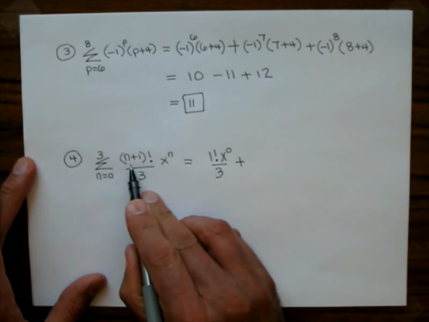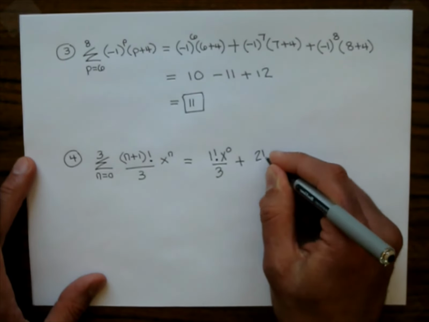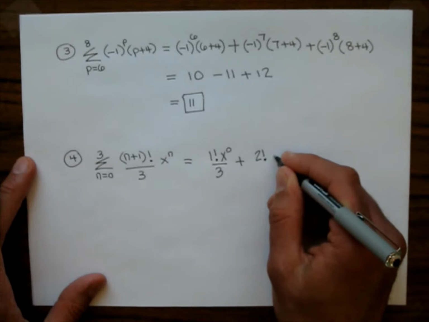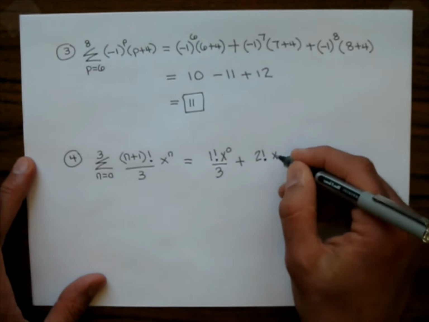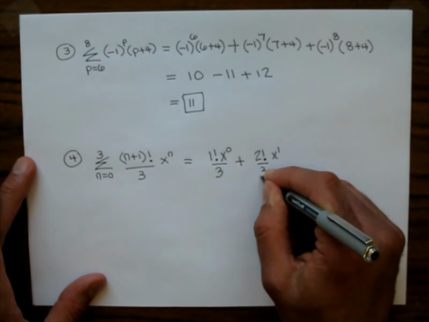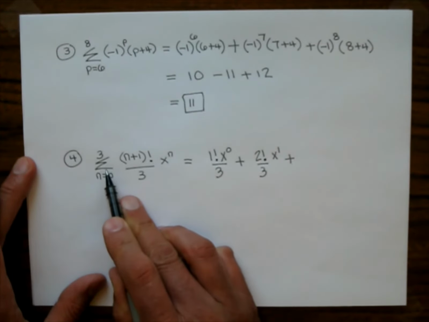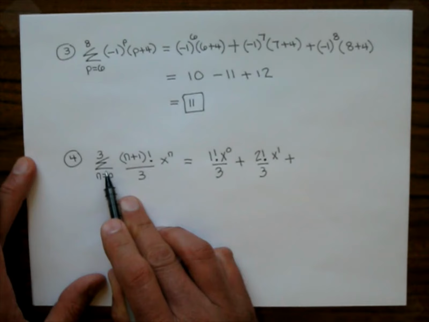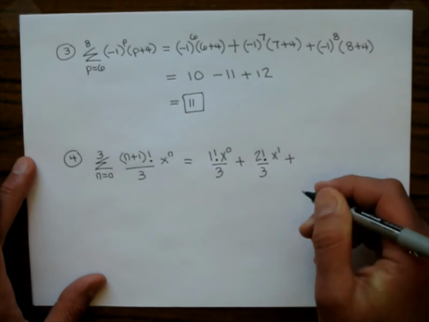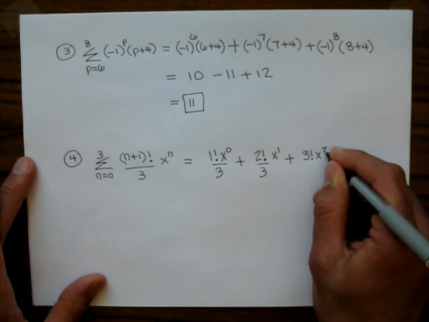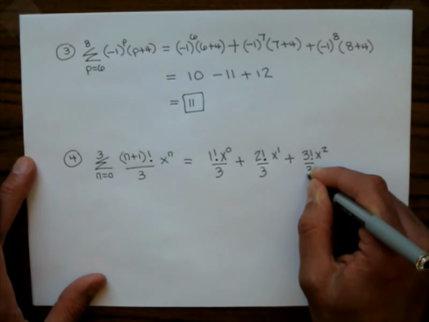This is going to be 1 plus 1, 2 factorial, and this is x to the 1 over 3, plus, now I'm going to put n equals 2 in. When I put n equals 2 in, I get 2 plus 1, which is 3 factorial. We have x to the 2 all over 3.